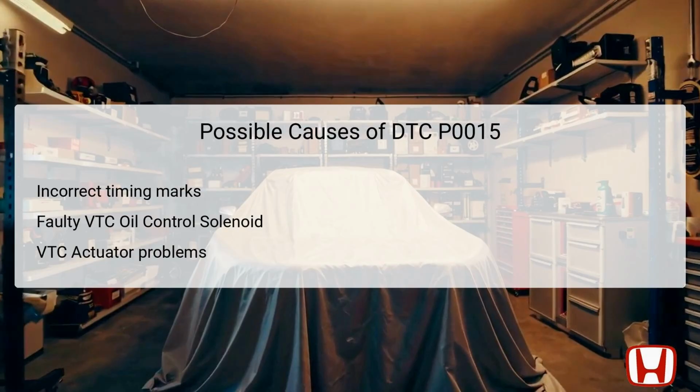Lastly, problems with the VTC Actuator B itself could also trigger this code. If it is damaged, clogged, or otherwise compromised, it would fail to adjust the camshaft position appropriately. Therefore, identifying the root cause among these possibilities is crucial for a successful resolution of the DTC P0015.